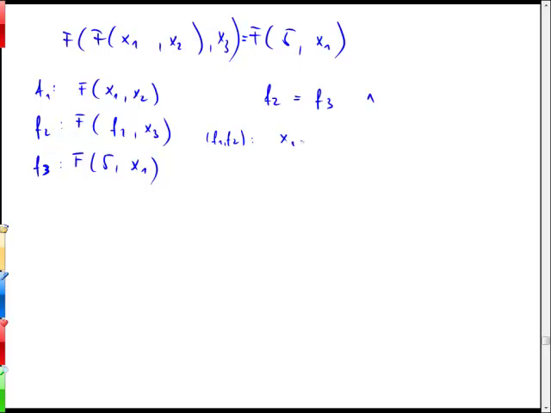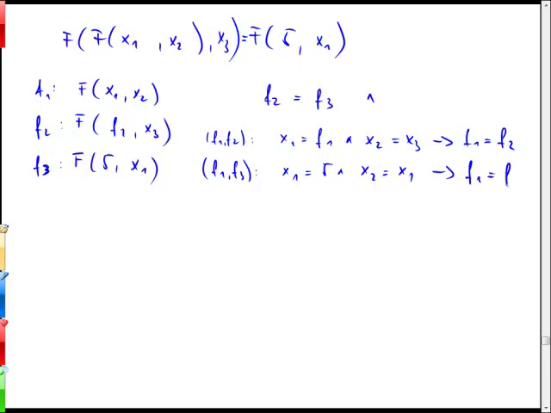So if x1 equals f1 and x2 equals x3, then f1 equals f2. Then for another pair f1, f3, I add the parameters: x1 equals 5 and x2 equals x1, then also the function values are equal.